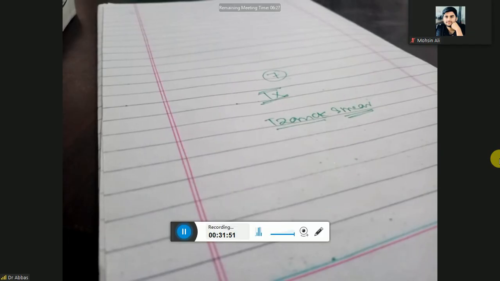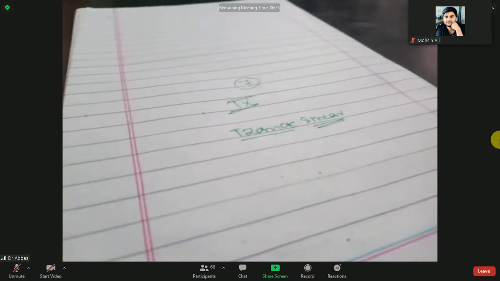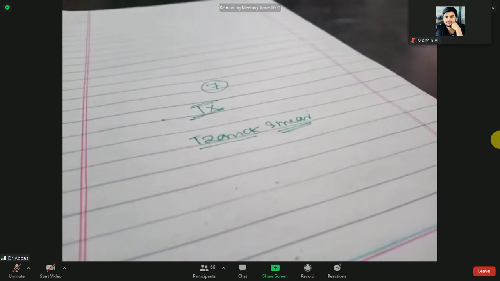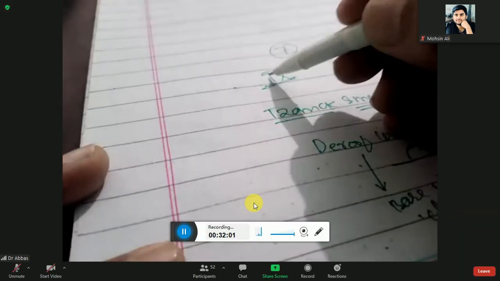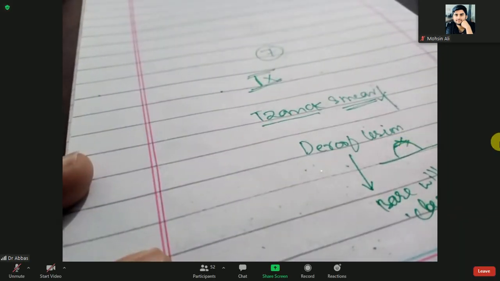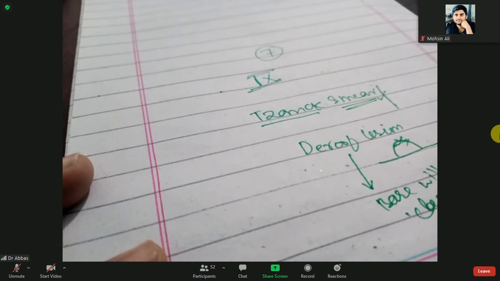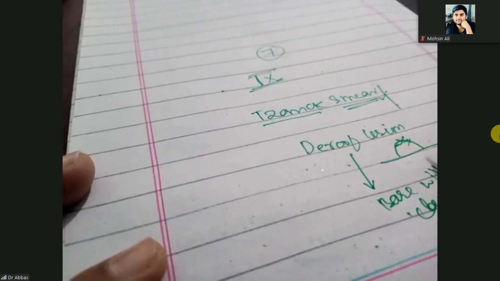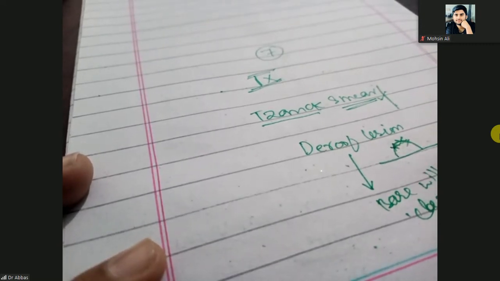Okay, so maximally it can be investigated by the Tzanck smear. But how do you do the Tzanck smear? First of all, there are grouped lesions on the upper lip, the lower lip, or the oral cavity.